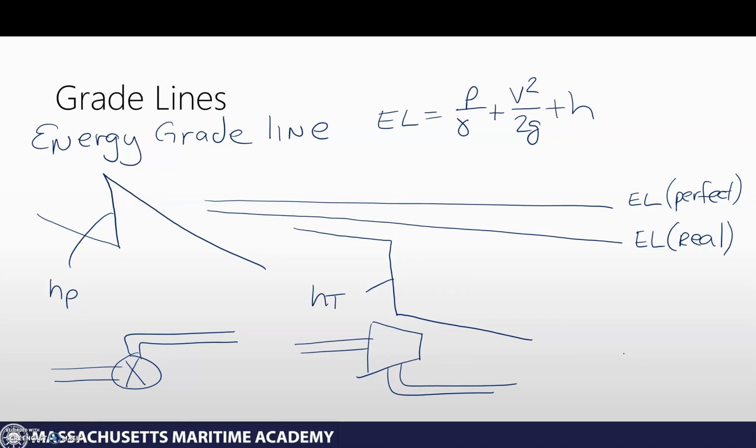But of interest to what we're doing is the other type of grade line, which we're going to call the hydraulic grade line. The hydraulic grade line is a little bit different because it does not take into account the dynamic pressure, that velocity head.